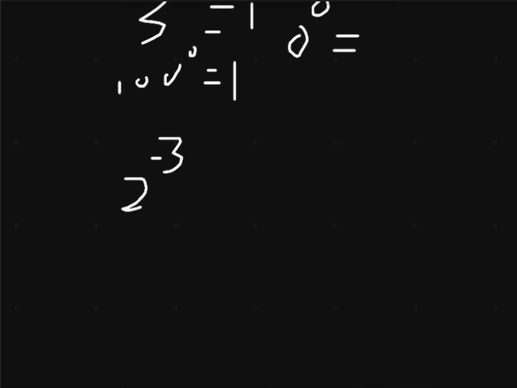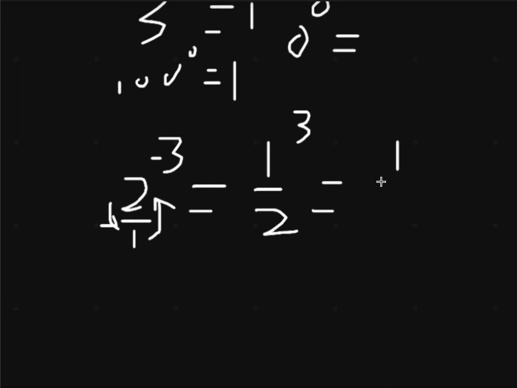Anyway, so how would you do this? Well, like I said, you have to flip it to the denominator. So 2 goes to the denominator, and since there's nothing, it's like 2 over 1. You just flip the numbers. 2 to the power of 3, which is equal to 1 over 8.